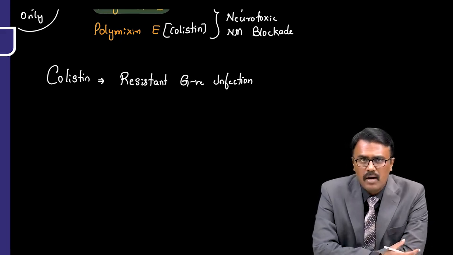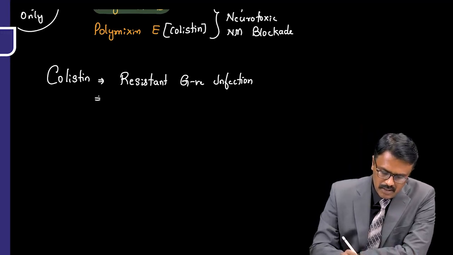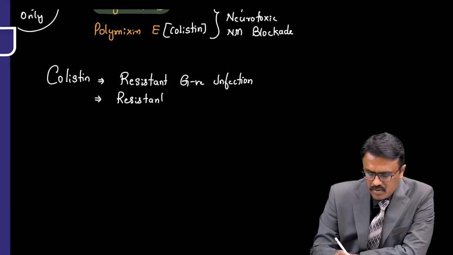For example, there is a war. The war is fought with bullets, not with a nuclear weapon. So it's like a nuclear weapon. We use it only in the end. So it is used in resistant gram-negative infection. One more gram-negative infection is Pseudomonas.